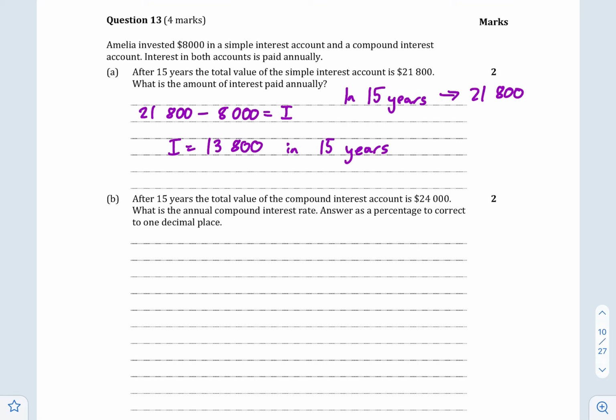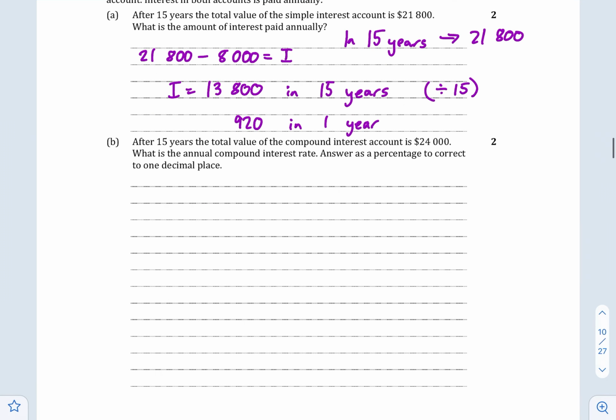To be able to get it annually, we just need to divide 13,800 by 15. So if we do that, we get $920 in 1 year. So what I've done is I've divided everything here by 15. I've divided this by 15 to get 920, and I've divided this by 15 to get 1. I might finish that with a dollar sign actually.